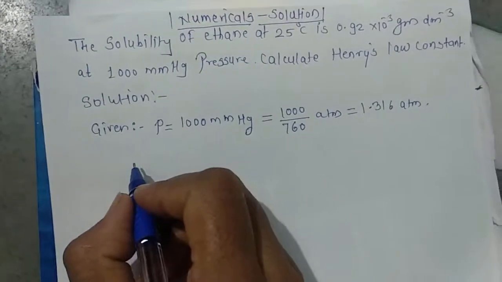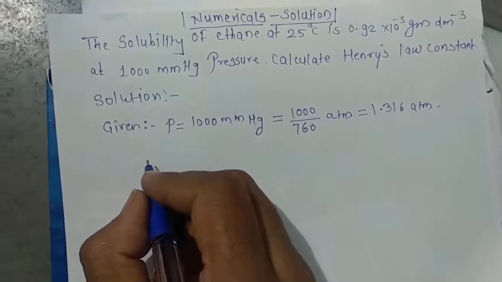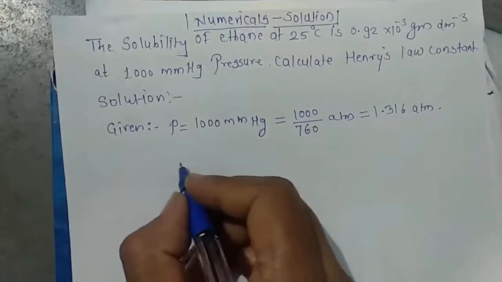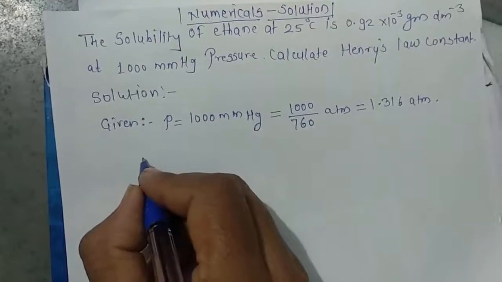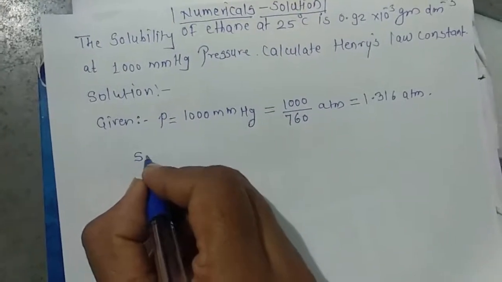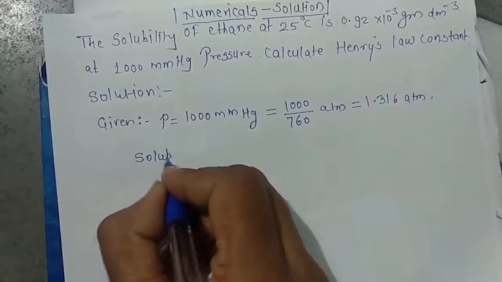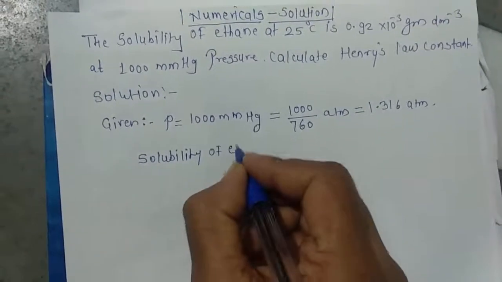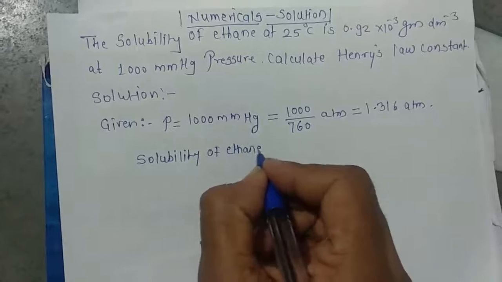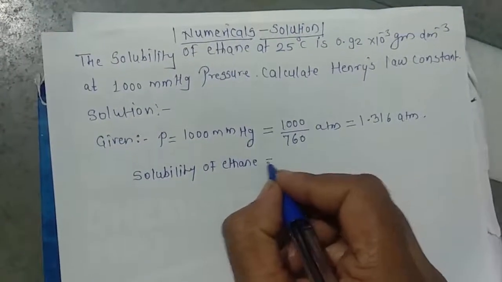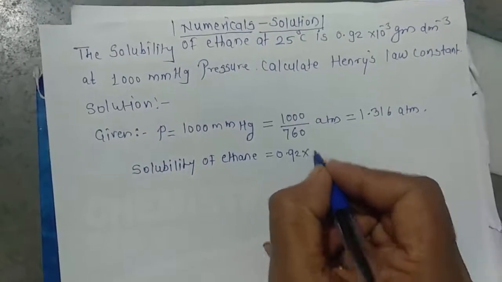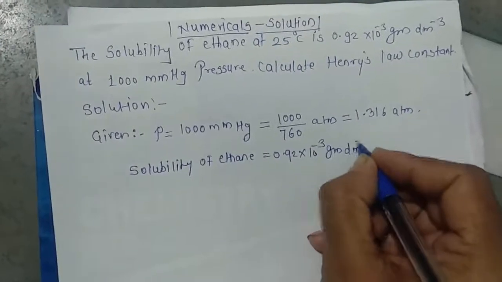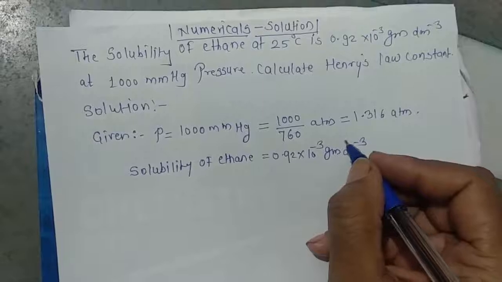The second thing we know is that the solubility of ethane is given here. So solubility S of ethane is equal to 0.92 into 10 raised to minus 3 gram per dm cube.